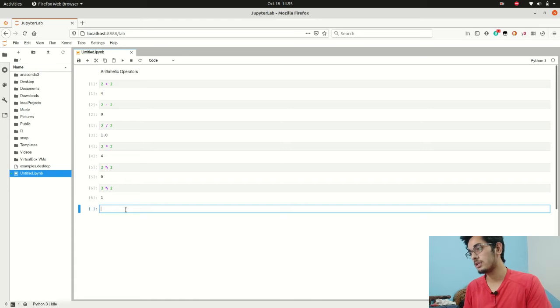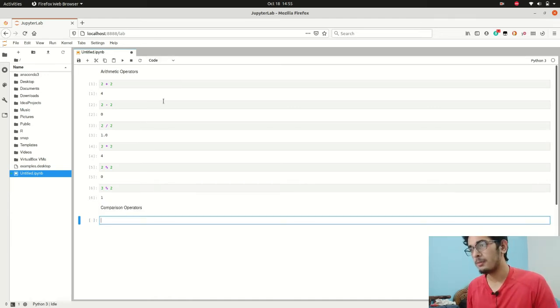The next one is the comparison operator. These are so simple too. Operators are so simple to understand, so simple to use. It's not that these operators are so hard to learn.